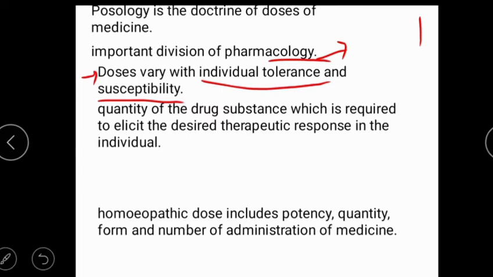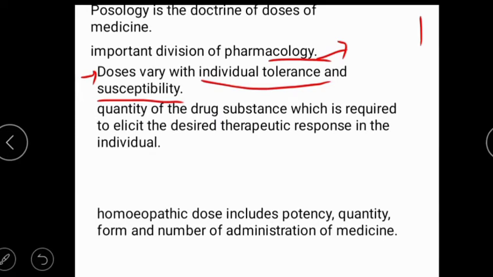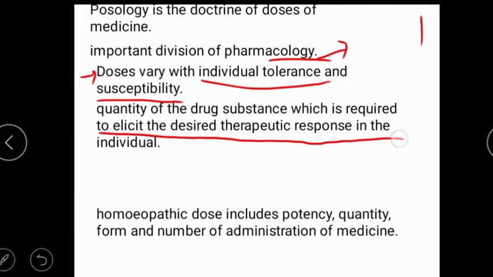Now, how much quantity of a drug should we give? The dose is defined as the quantity of a drug substance required to elicit the desired therapeutic response in the individual.